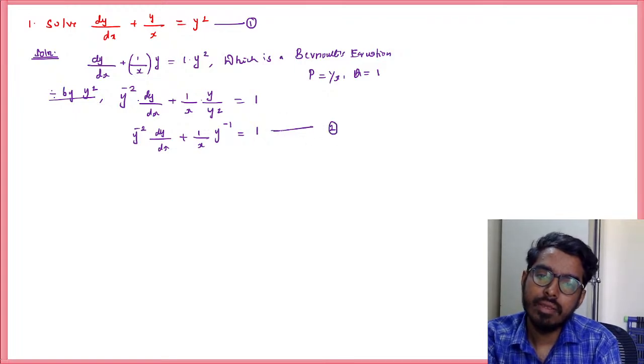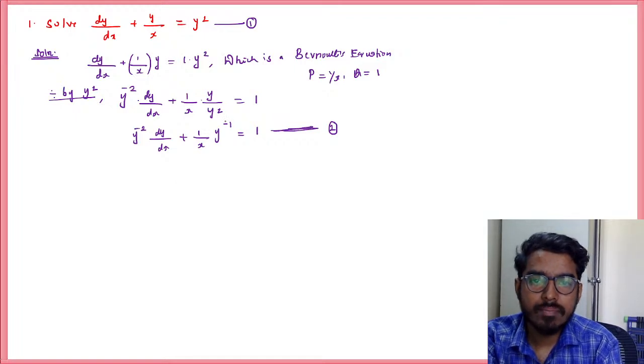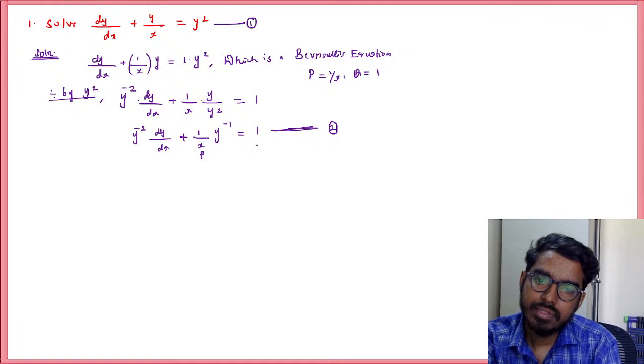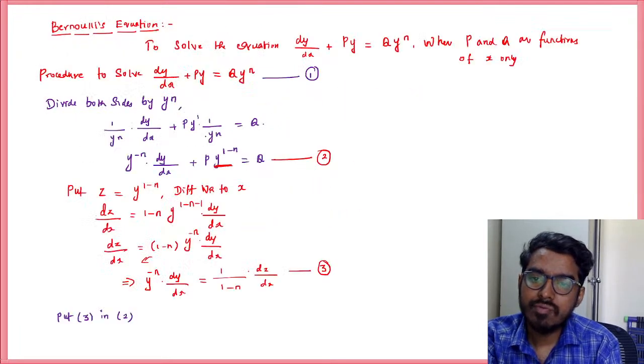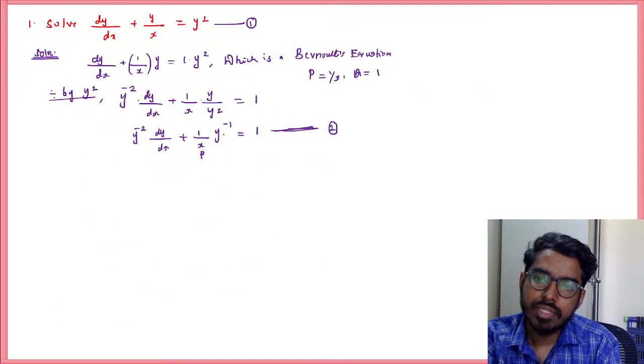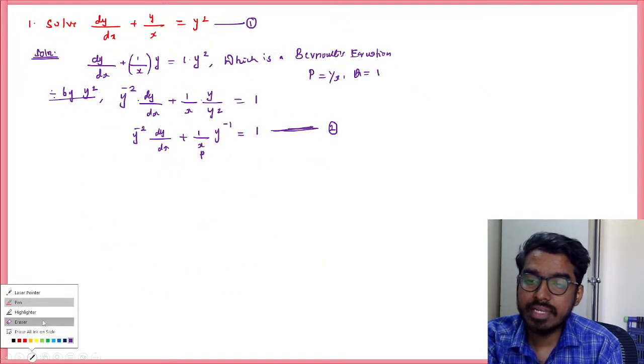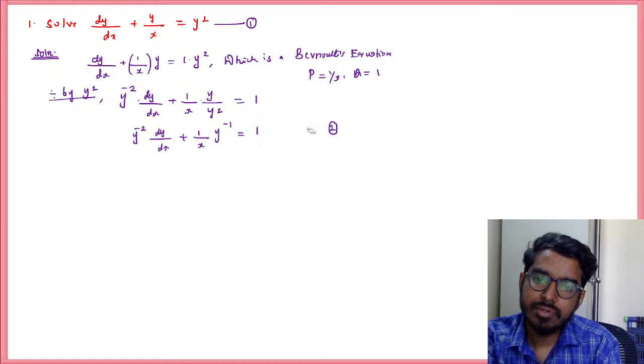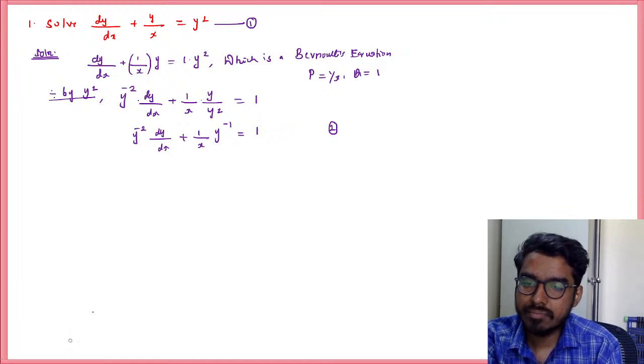Okay. What you have to do, what I have said, you just have to take this term as z, right? This is p here, this is q. So whatever the term you have with p, you take that as z. So put z is equal to y power minus n, or minus 1.